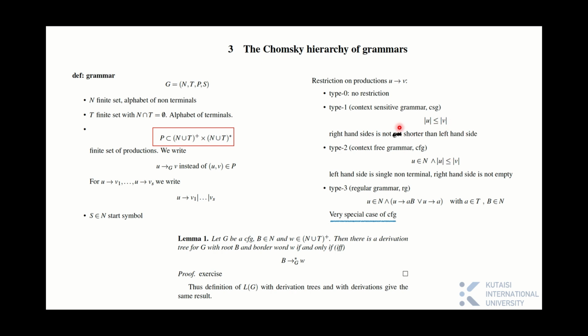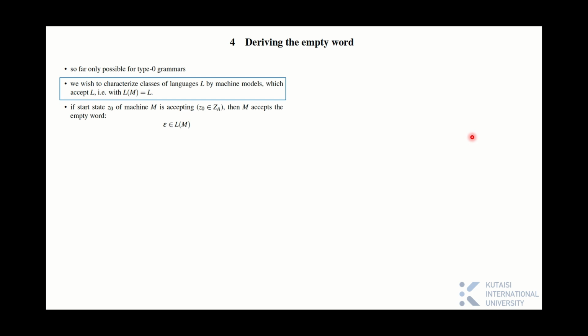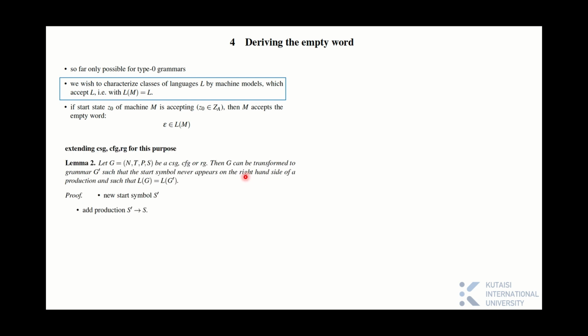Hence you want your epsilon somehow. If, let's say in your DFA, your start state is also an accepting state, you have epsilon in your language because you're starting with nothing and accepting it. So you want your grammars to create epsilons if you want to describe them by machines. And how we solved this in the last minutes of the previous talk is that you just add, maybe we write this.